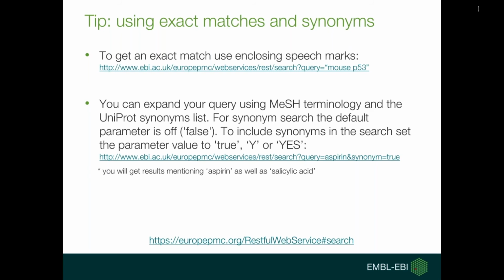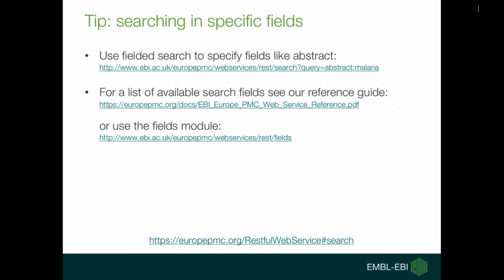If, on the other hand, we would like to conduct a more broad search, we can expand our query by including synonyms, using MeSH or medical subject headings terminology, and the UniProt synonyms list. The synonym search is off by default, and you can change that by setting the synonyms parameter to true or yes. In our search scenario, we will retrieve publications that mention aspirin as well as salicylic acid as a synonym.